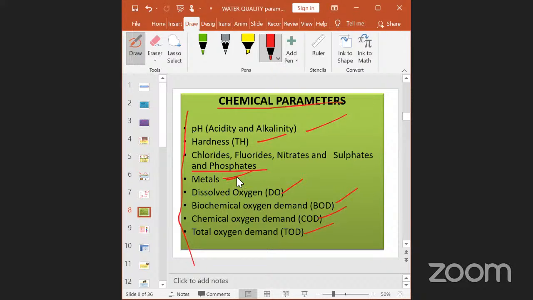Metals, examples: copper, iron, aluminum, zinc, lead, etc. The flame photometer is a photoelectric photometer, a device used in chemical analysis to determine the concentration of certain metal ions, among them sodium, potassium, lithium, and calcium, right?